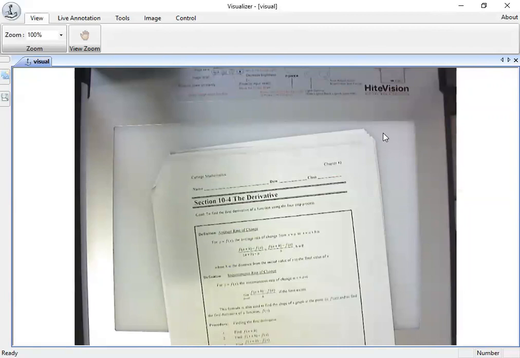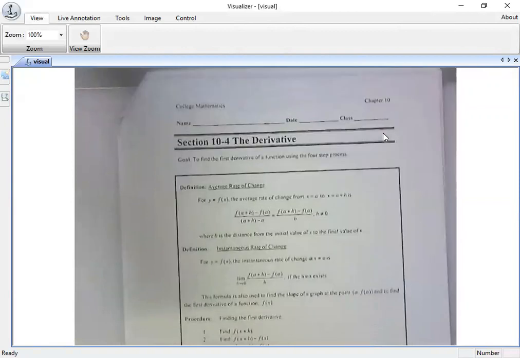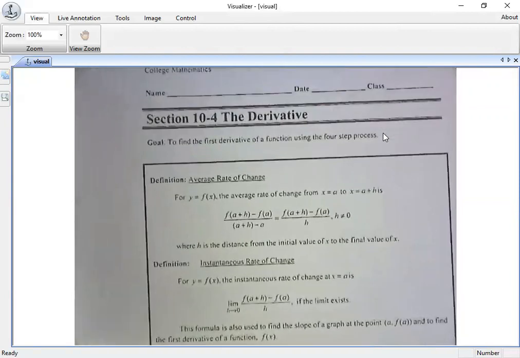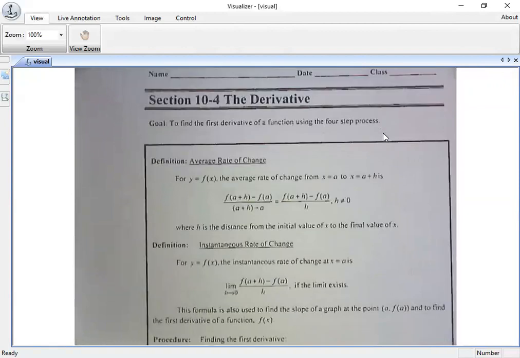So, you guys got your notes out? Let's talk about derivatives a little bit. So, derivatives, average rate of change.